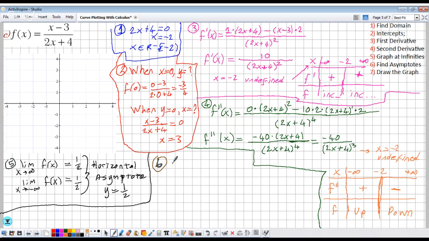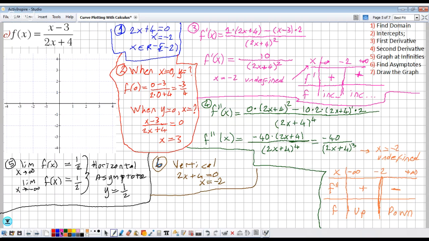Then the other asymptote that we should check is the vertical asymptote. The vertical asymptote is when the denominator 2x plus 4 equals 0, which is x equal to minus 2. So we found it and we're done.